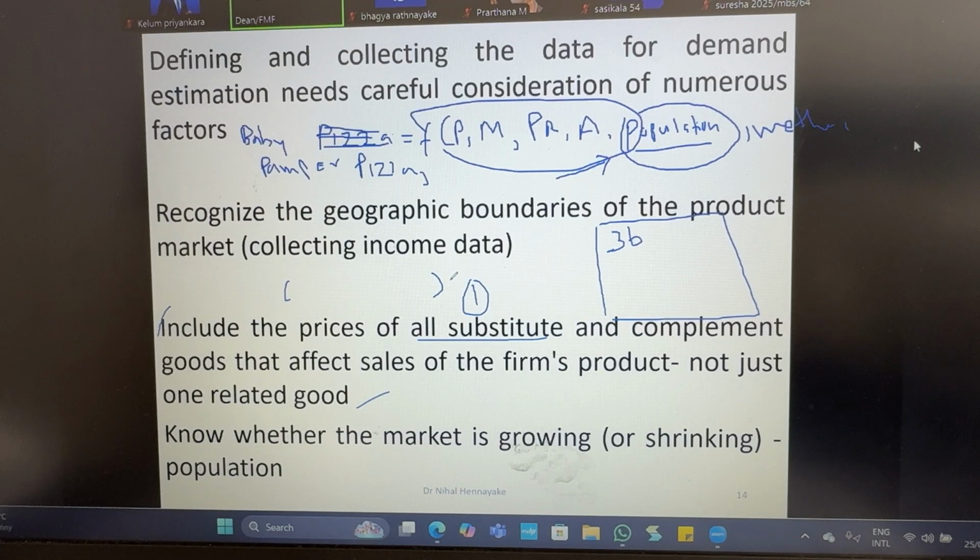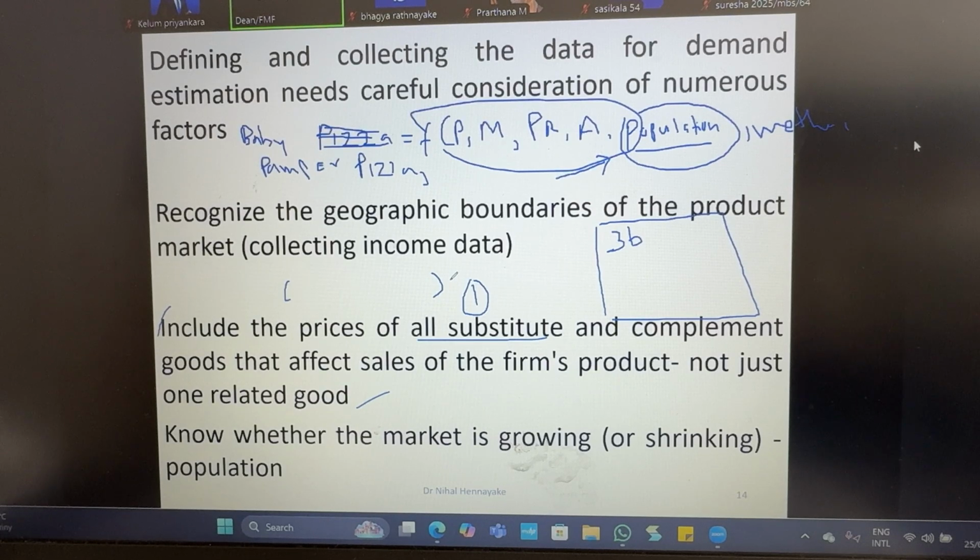Maybe the collected data is not available, because this is a mini research in a very short period of time. So we are not in a position to collect the data or do a primary survey. That is also acceptable to me, because you know the importance of that particular variable, but the time frame that I am giving is not enough for you to do primary data collection research.